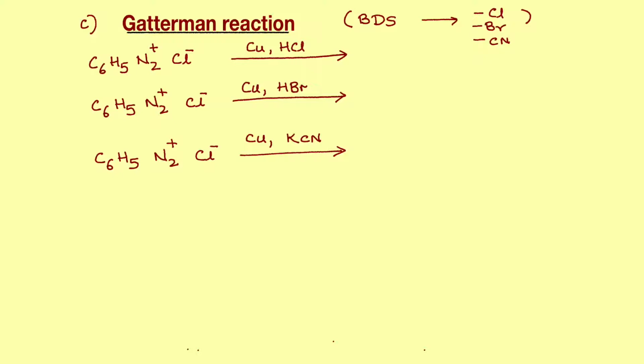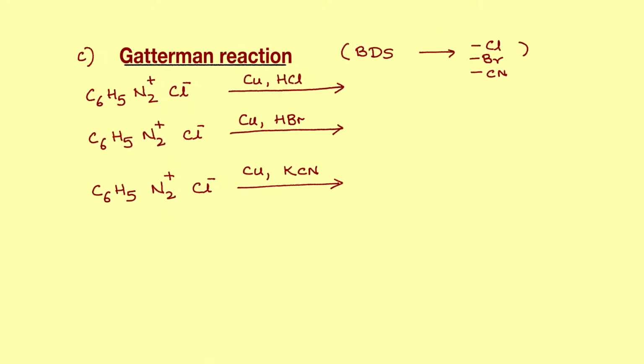Another way that we can prepare the chloro, bromo and cyano derivatives is through what we call the Gattermann reaction. And here also our C6H5 positive is behaving as an electrophile. So it is the same reaction, the only thing is instead of taking the copper salt, you are taking copper powder here and heating the reaction mixture.